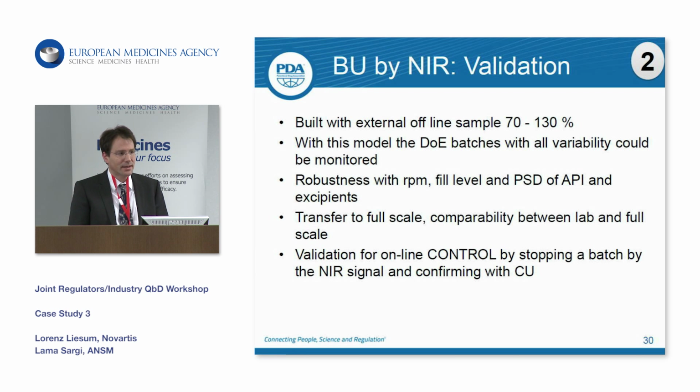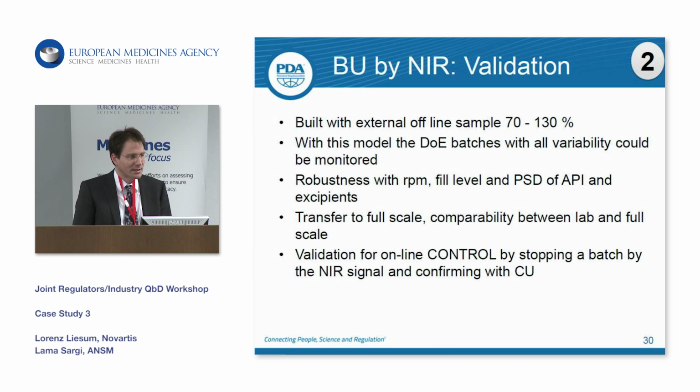What has to be taken into consideration when developing, validating, and transferring such kind of a method? First of all, we had to build external samples representing a wider range of the API concentration from 70 to 130%. It was actually an offline model where we did this external calibration with static samples.